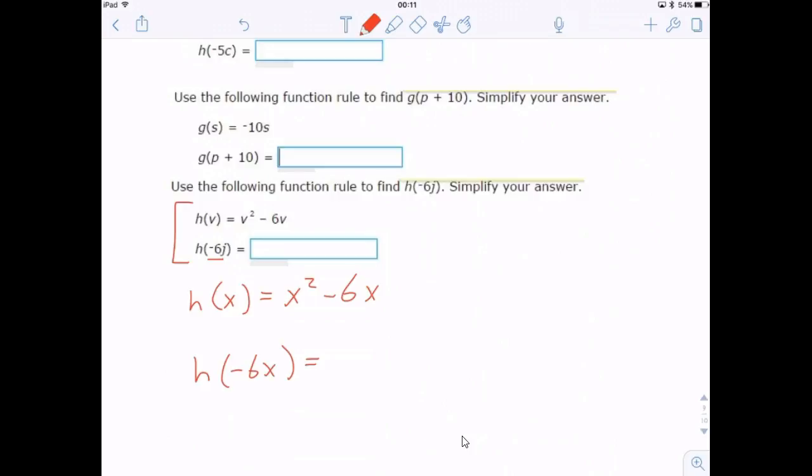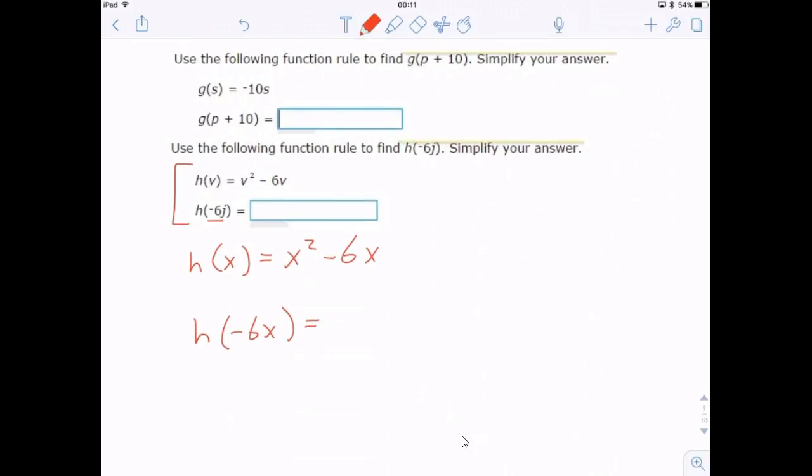Okay? And then it's quite confusing to look at this and say, okay, wait a second. I'm replacing x's with negative 6x's. Okay? It's like I'm replacing one thing with another thing that looks exactly the same. In order to avoid that, again, I suggest writing it out like this. Okay? And then putting blanks in there.